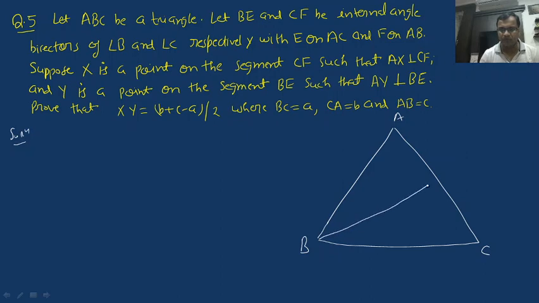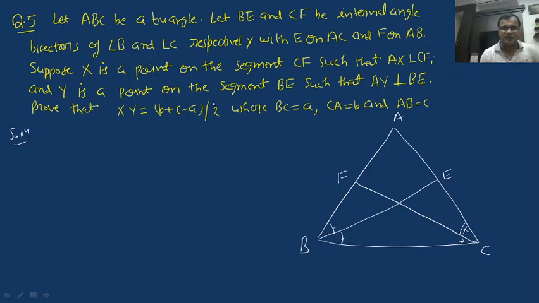This is the bisector of angle B, and this is the bisector of angle C. BE is the internal angle bisector of angle B. These two angles are equal, and here CF is the angle bisector of angle C. These two angles are C by 2. These two angles are equal here.